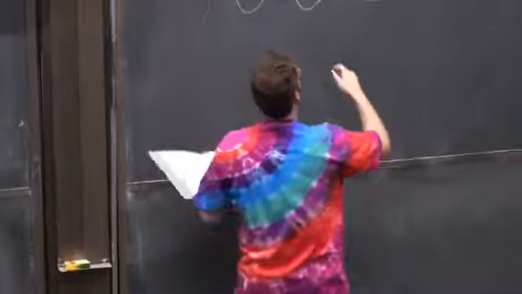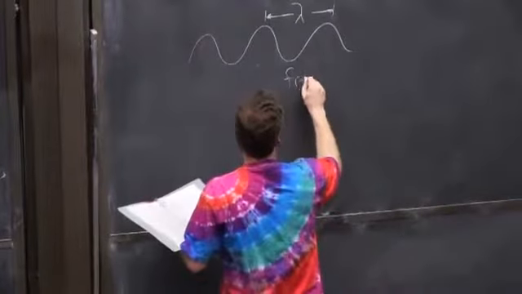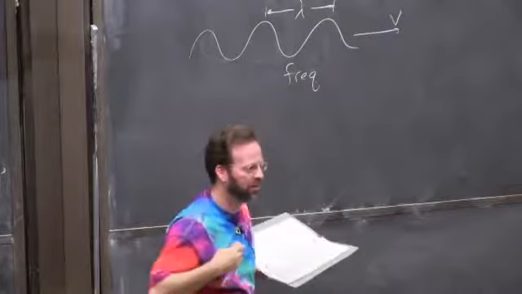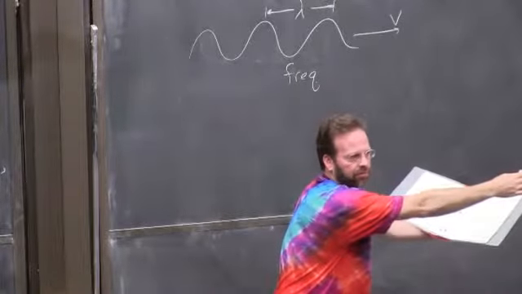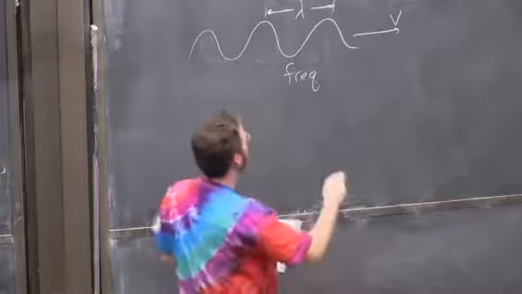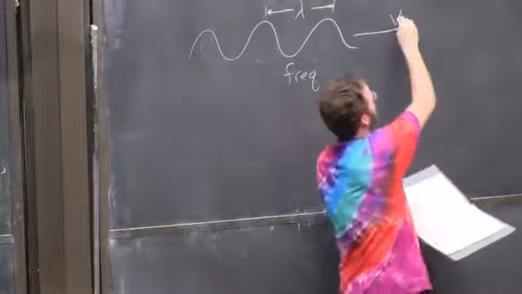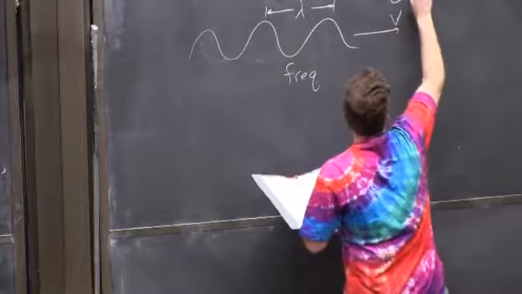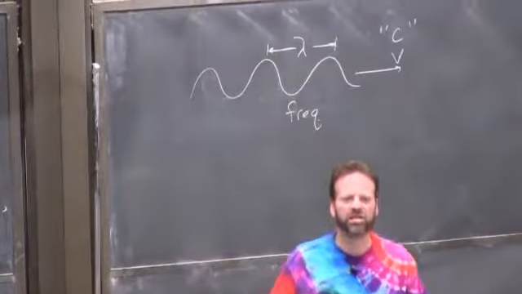So it has a frequency, but it also has a speed, a velocity, how fast the wave actually travels through space. And light travels at a constant speed. We're going to call that c. We use the variable c for the speed of light.